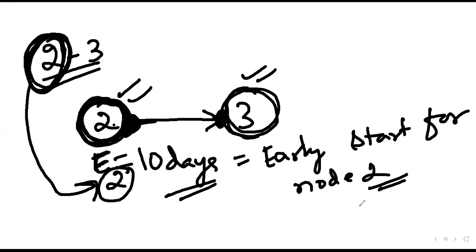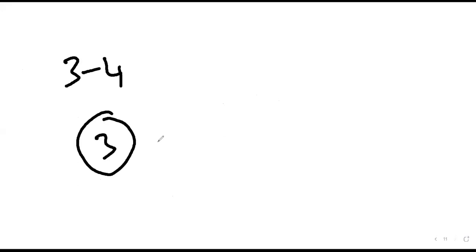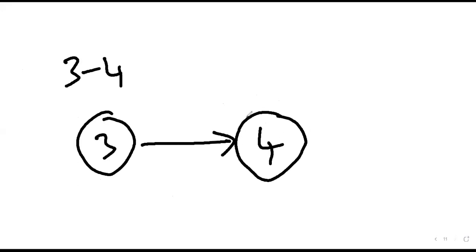Let's go for the next activity and see whether everyone has understood this correctly or not. 3-4 is the next, is it right? So how do we represent 3-4? In this case, which value of E should be considered here?